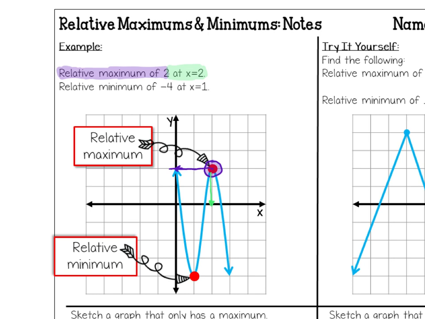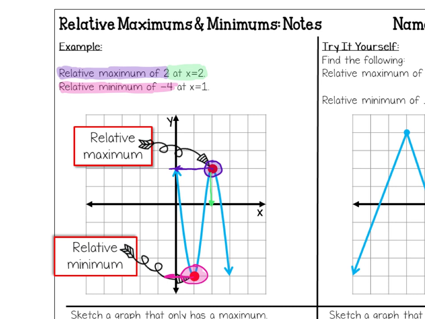So if I go to my minimum, which is down here, my low part, remember that's my low part, and I have it here. I want to go to my y value first. So my y value is the vertical value here, right here. And that's at -4. So I have a relative minimum at -4 right here. See, right? Okay.